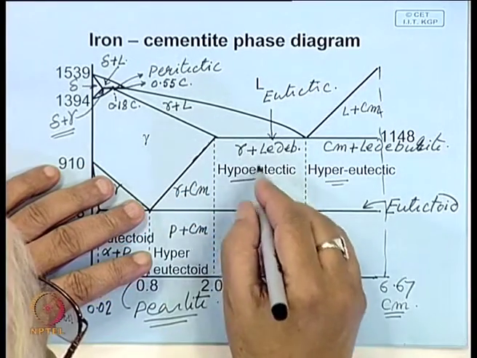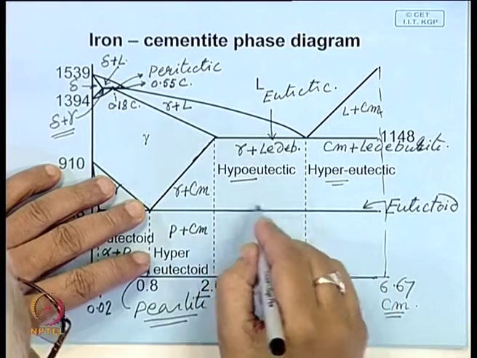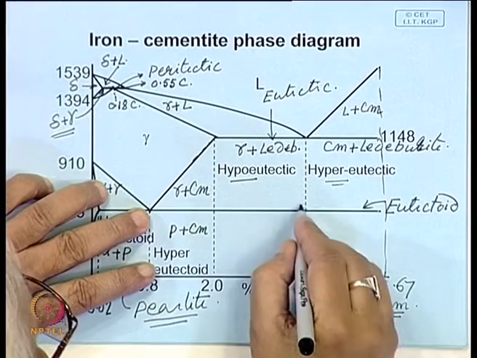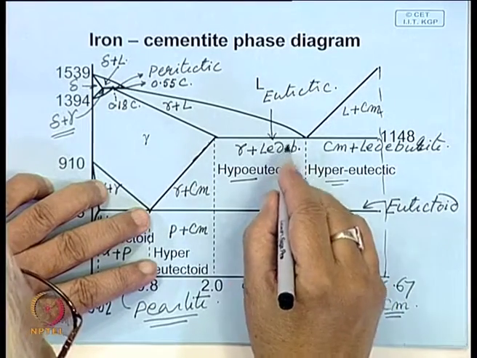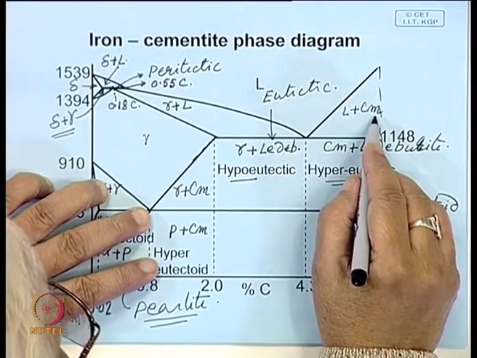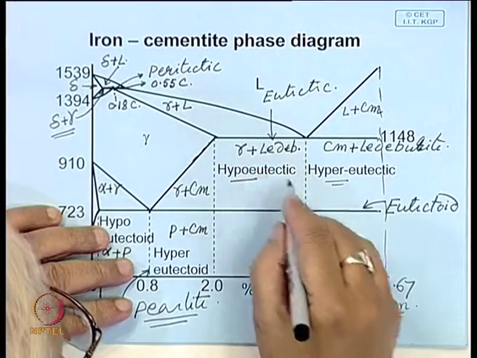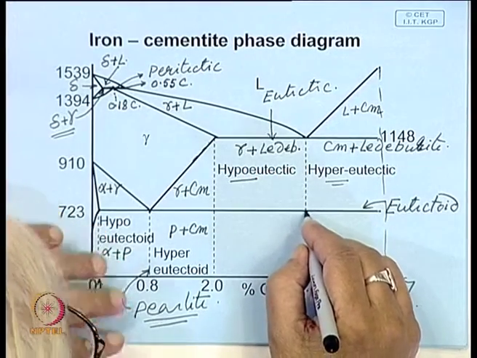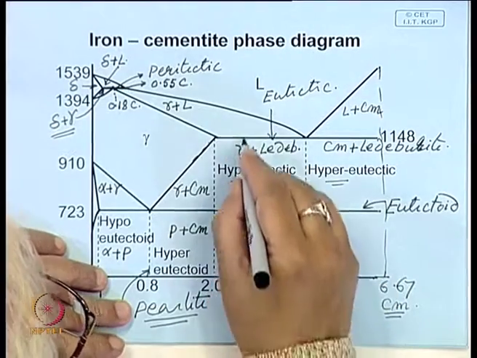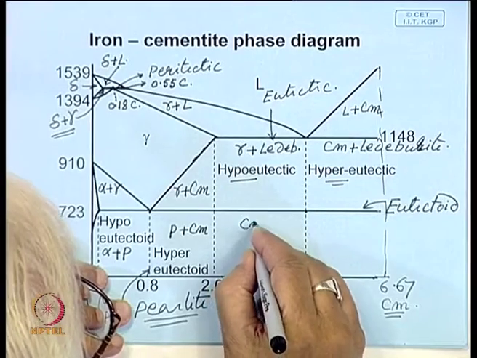Now, just before this eutectoid reaction, you have a certain amount of ledeburite, which is a mixture of austenite and cementite. And what happens here, that austenite in ledeburite will transform into pearlite. So, what you will have here, you will have some proeutectoid cementite.